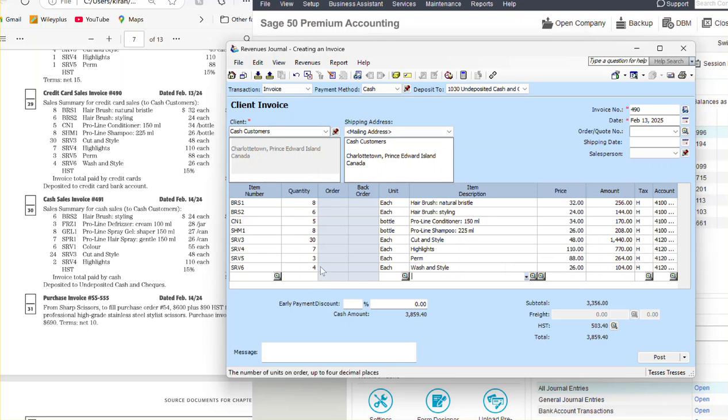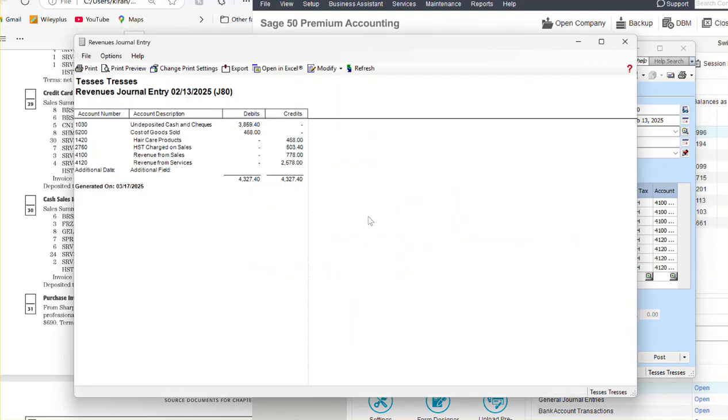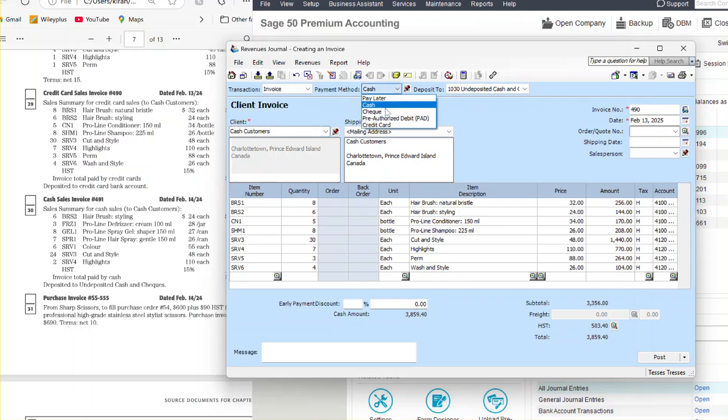So everything seems right. Okay, so let's display the transaction to see if my numbers are correct. Oh no, sorry, I have to do credit card. I don't know why I did that. It should be a credit card.